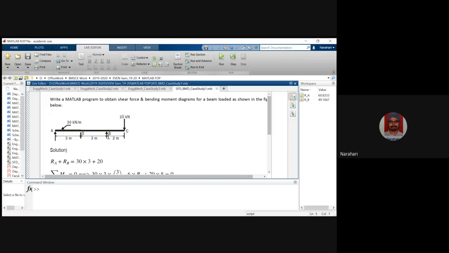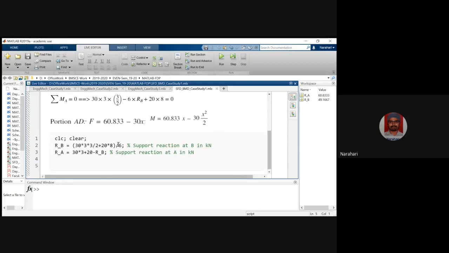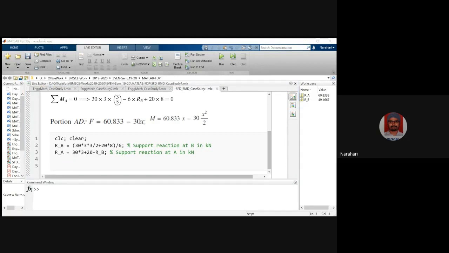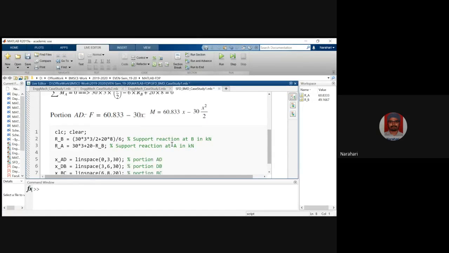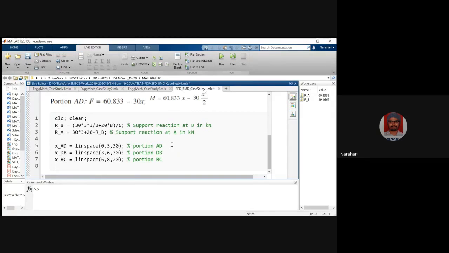And BC portion is between 6 meters and 8 meters. So corresponding to that, I will use three separate arrays. You can see here, 0 to 3, linspace I'm using.